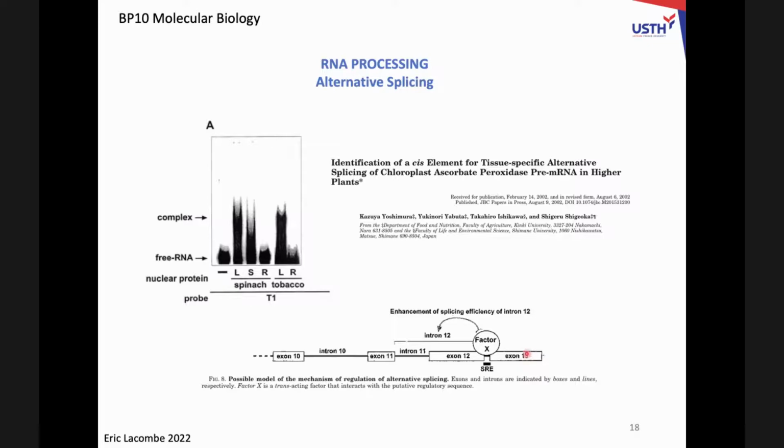Okay? So, if you have that in mind, what is the form of the spliced mRNA in leaves, and what is the form of the spliced RNA in roots?